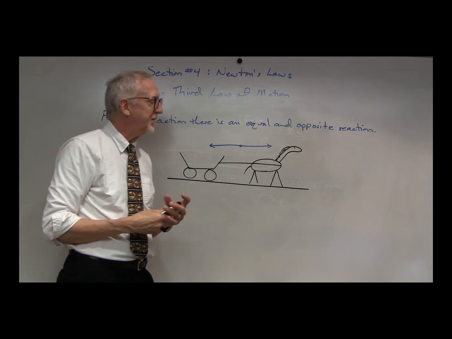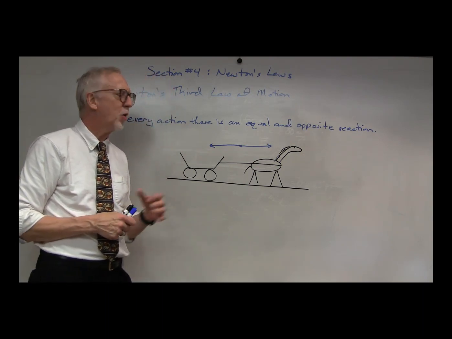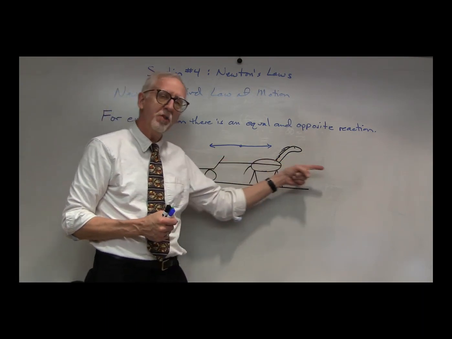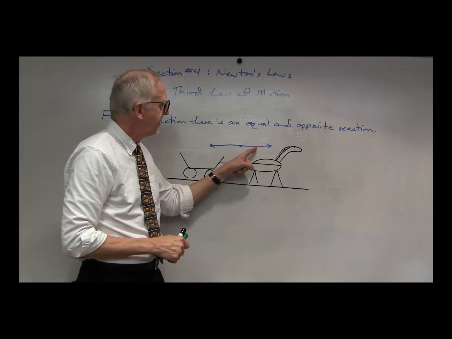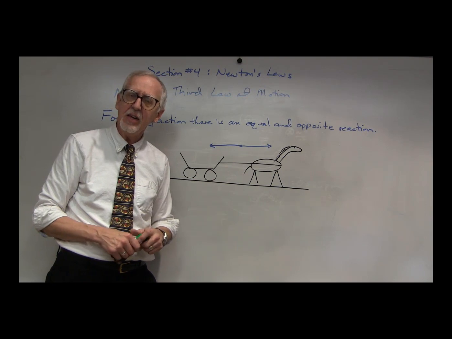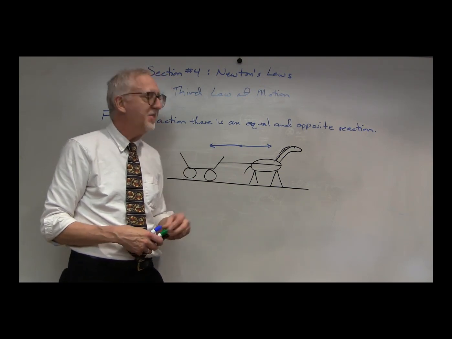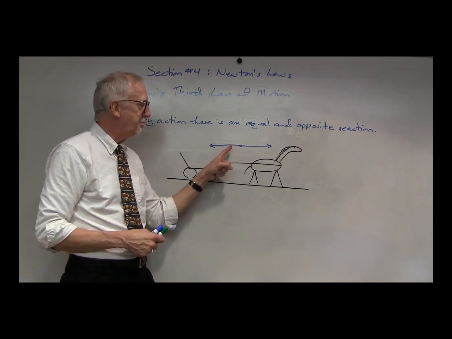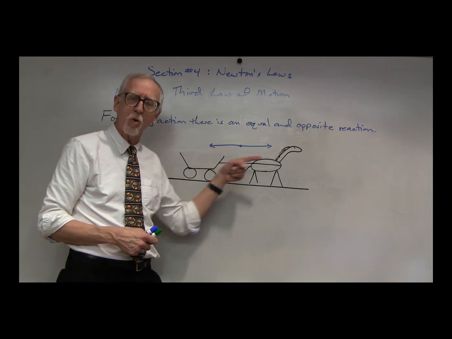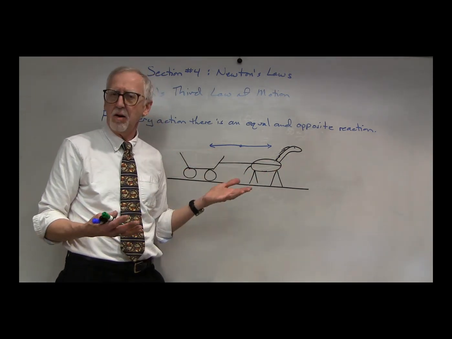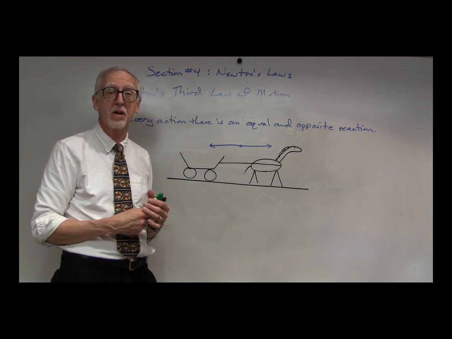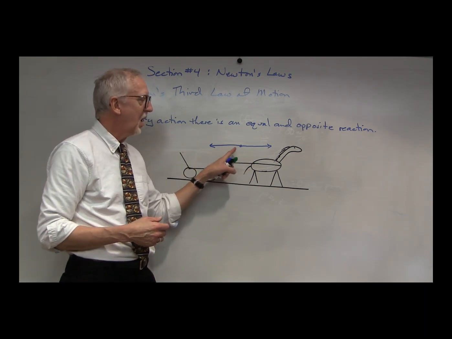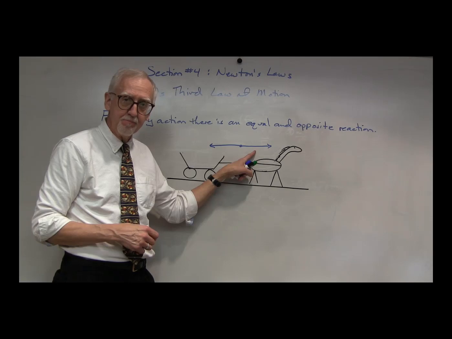So the question is, how is it possible for the horse to pull the cart and actually move the cart with an acceleration if these two forces are exactly equal and opposite? Is it that this force must get bigger than this one so the horse can pull the cart? What is it? How is it possible for the horse to actually accelerate the cart if these two forces always are equal and opposite?